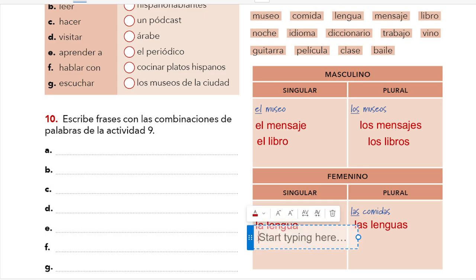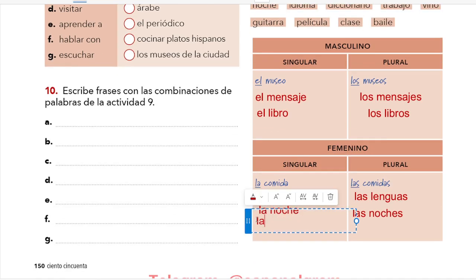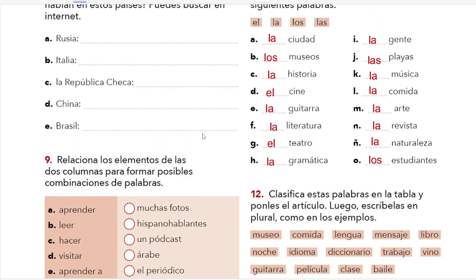La noche. Las noches. La idioma. I think idioma is not, just wait.